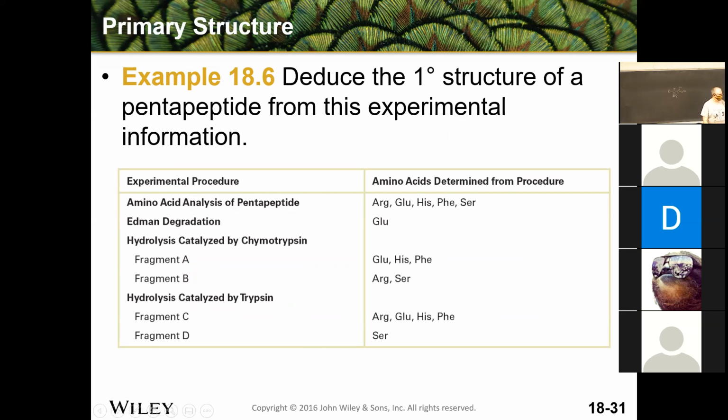And so these are various examples of deducing primary structure of a pentapeptide, for example, from experimental information. Nowadays they have automated peptide sequencers.